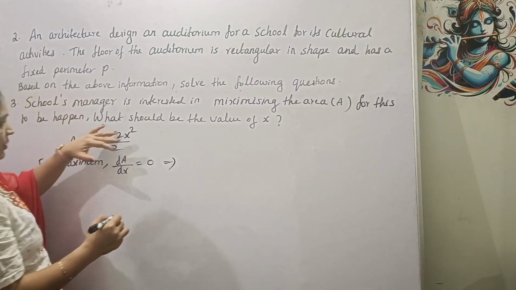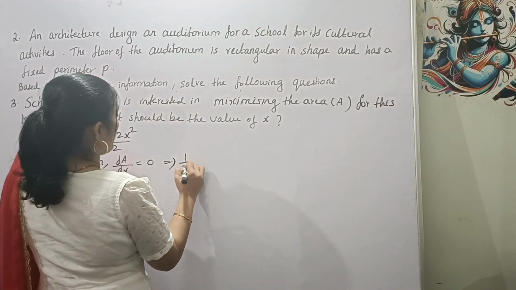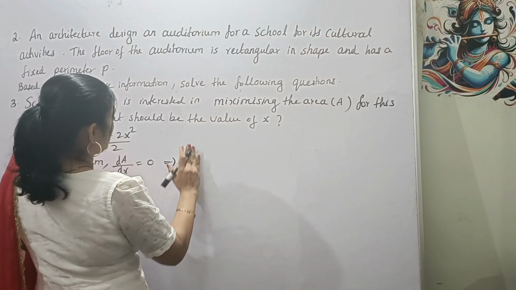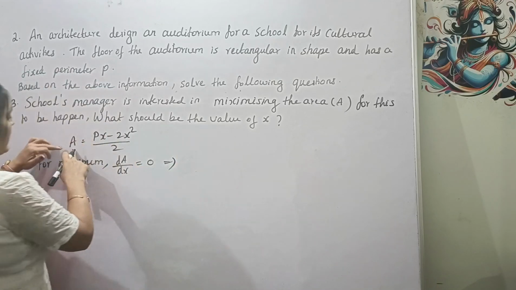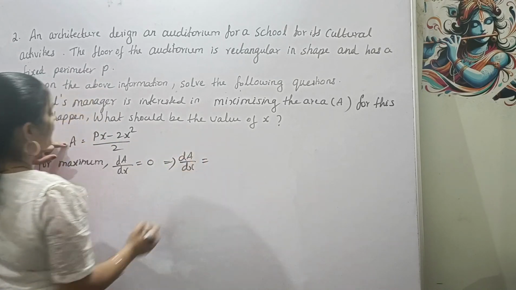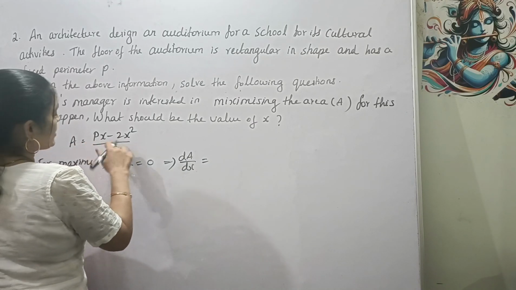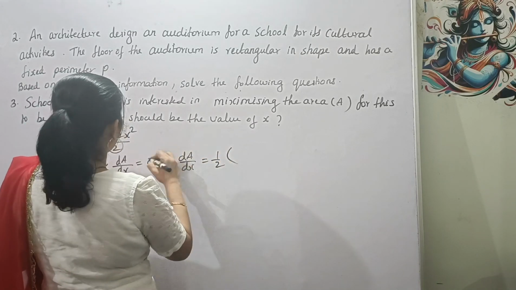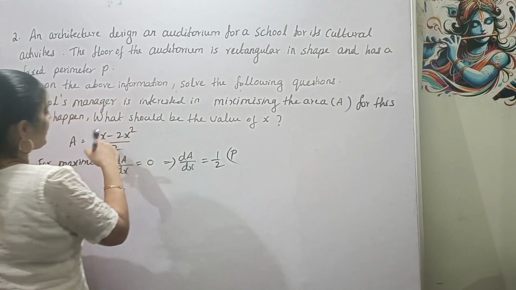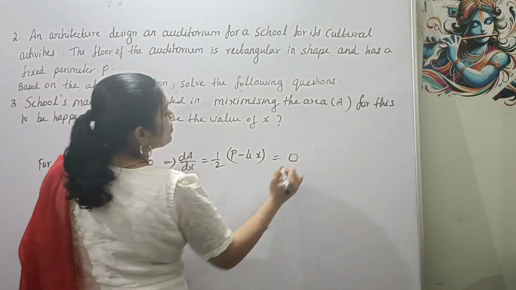That implies we have to differentiate it. That is 1 by 2 into p, the derivative of px is p, minus 4x, that is equal to 0.